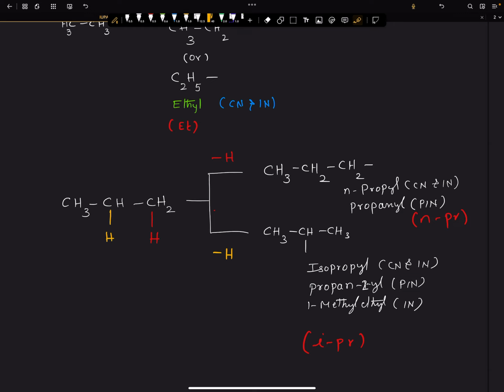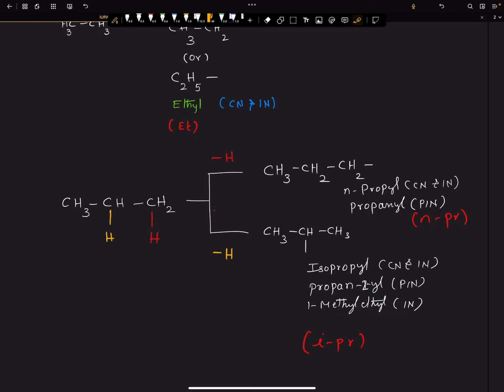Therefore, please note that a substituent or a molecule may have more than one IUPAC name. When hydrogen from a secondary carbon is removed, we get CH3 CH CH3, and through this carbon this group can be connected with other carbon atoms. This is called isopropyl, which is common name and IUPAC name. Propan-2-yl is the preferred IUPAC name, or it is also called 1-methylethyl.